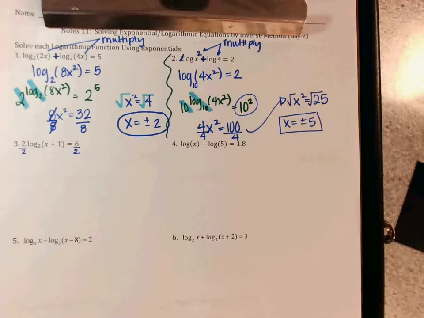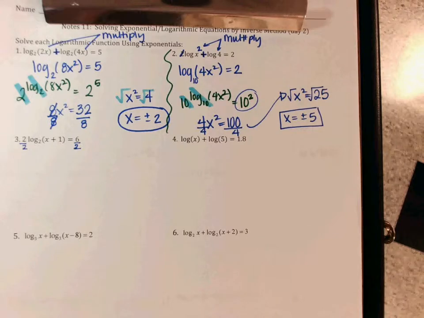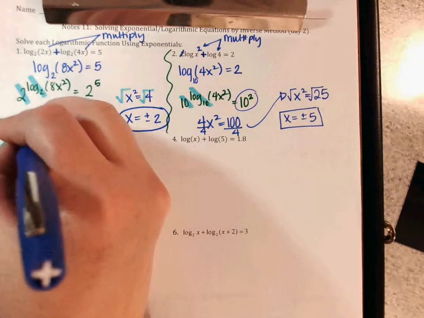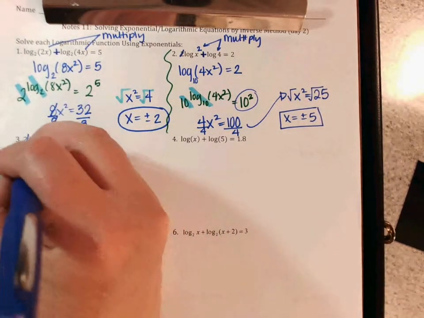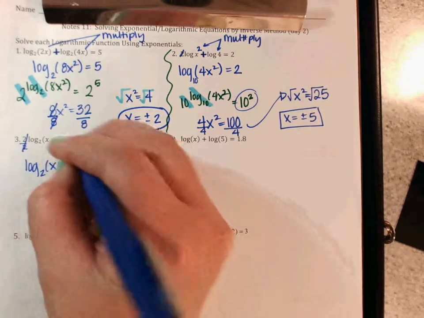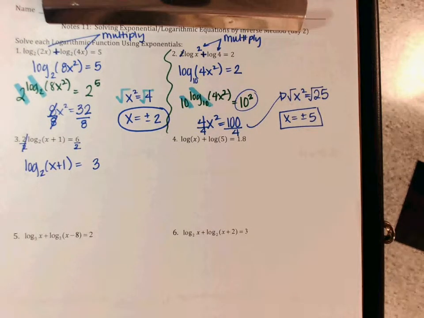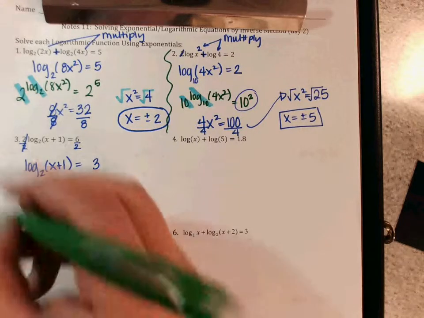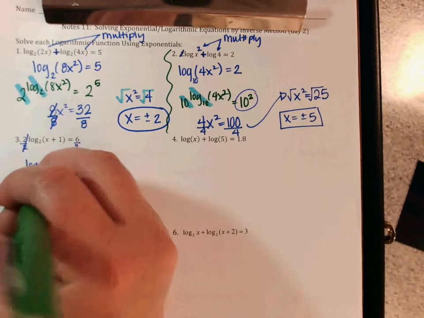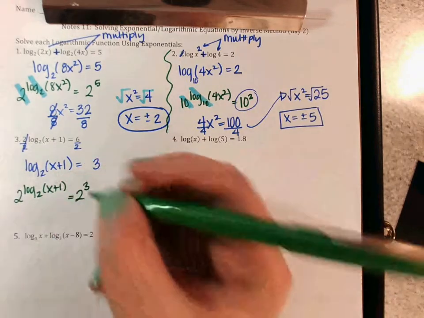Okay, take a look at number 3. Number 3, I'm dividing by 2 on both sides. These guys are gone. So I have log little 2 of x plus 1 equals 6 divided by 2 is 3. And then from there, remember, to get rid of a log 2, you raise both sides to the 2. So it'd be 2 to the log 2 of x plus 1 and 2 to the 3.